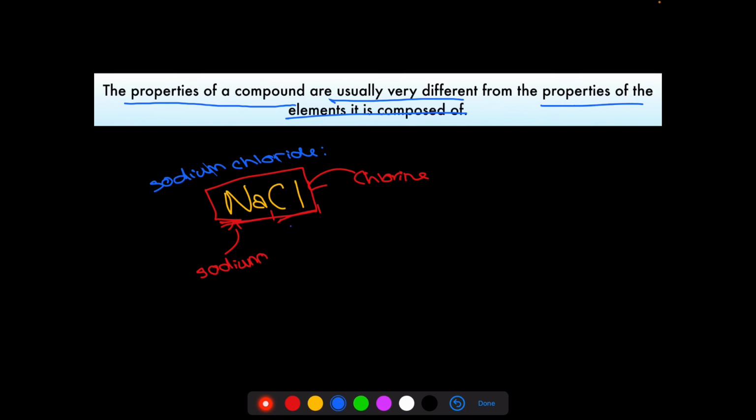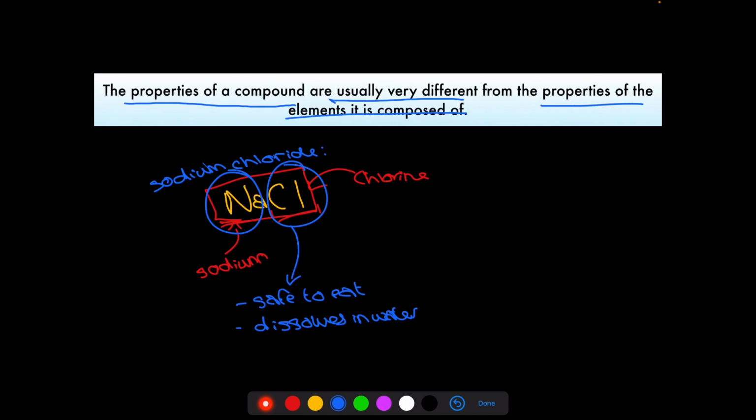What are the properties? It's safe to eat. Dissolves in water. Wide variety of properties. But what about its constituent elements? Let's take sodium on its own, sodium as an element. It's a metal, and it reacts vigorously with water.